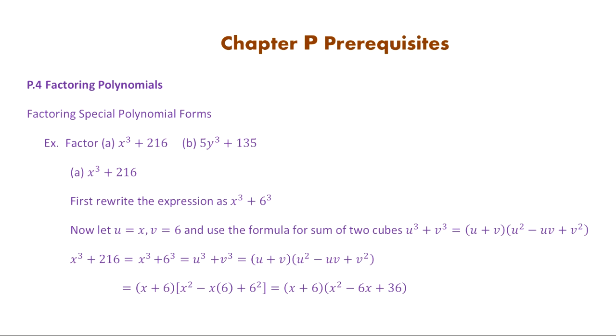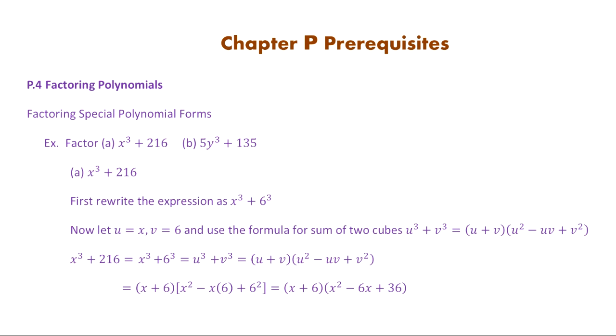So then you can use the formula for the sum of two cubes. Let u equal x and v equal 6, and then you use the formula u cubed plus v cubed equals u plus v times u squared minus uv plus v squared.